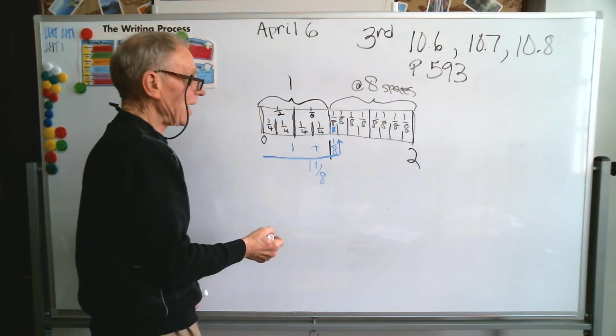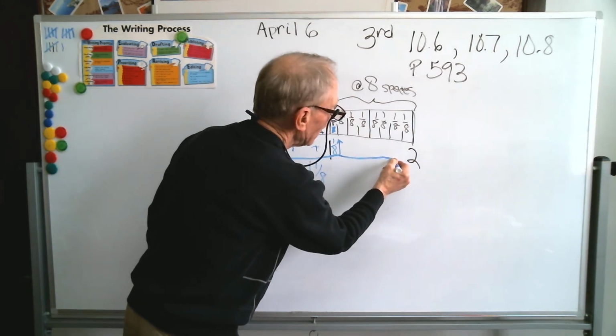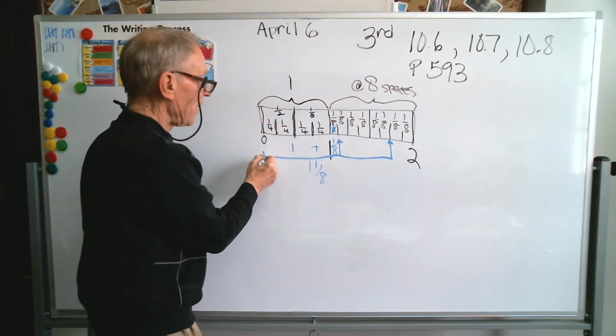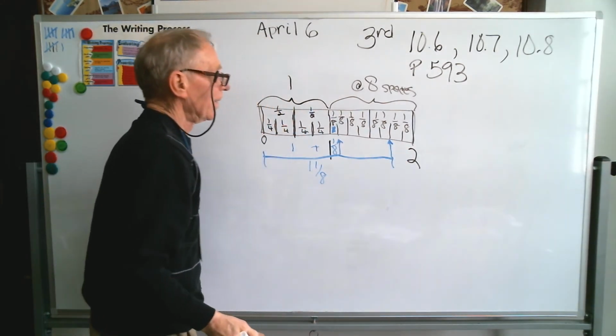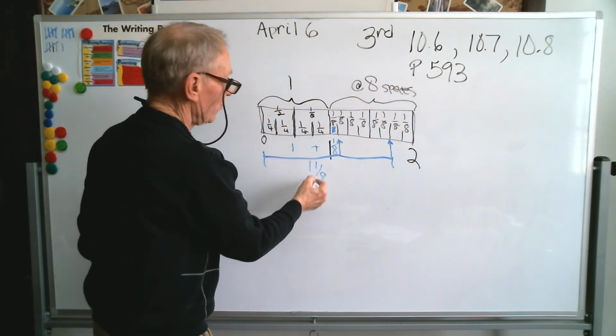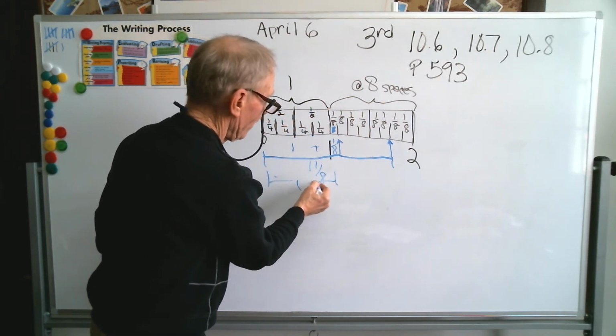Now, let's just say I have a line that goes all the way to here. So here's my line. And I put my ruler on it, and I know that, well, this is 1 inch here, so from here to here is 1 inch.